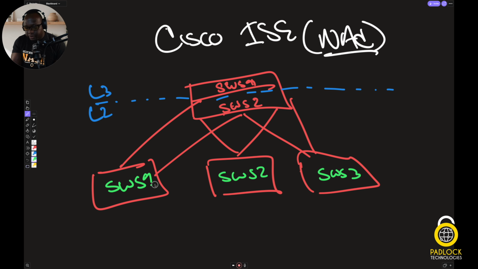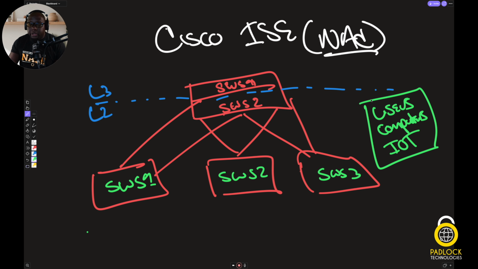What happens is, if you look at your network in thirds, you have users, computers, and then everything else, IoT. So what Cisco ISE basically does is give you a way to authenticate and authorize these sections of things in your network to your network.